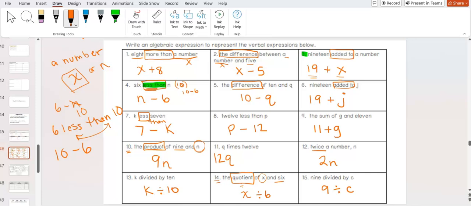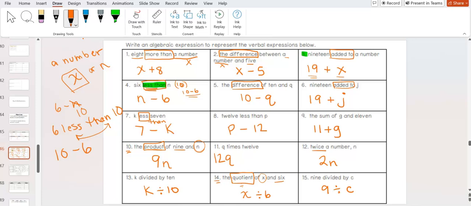And because subtraction is not commutative, I can't rearrange them and have it equal the same thing. So you want to make sure you're paying attention to the order with division and subtraction. So 6 less than n is n take away 6. I kind of drew that little expression. If it was 10, it would be 10 minus 6.